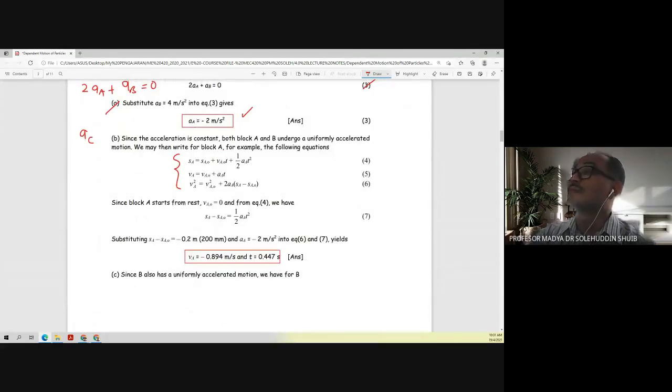Since the block starts at rest, meaning the initial velocity is 0, we can use equation 4.